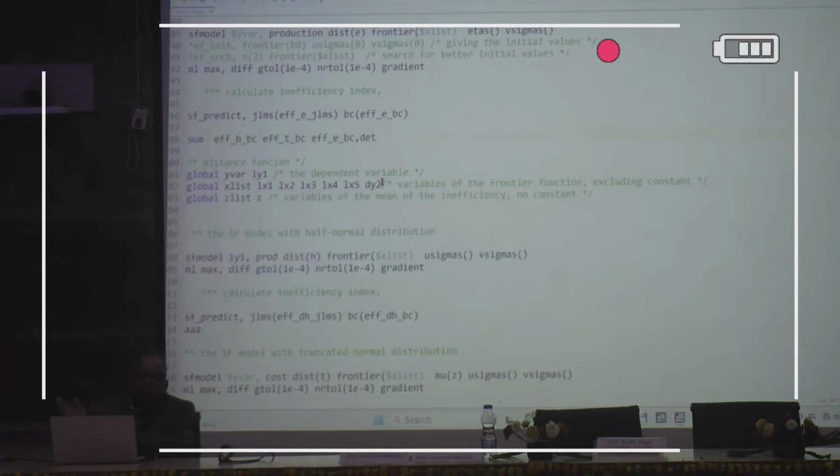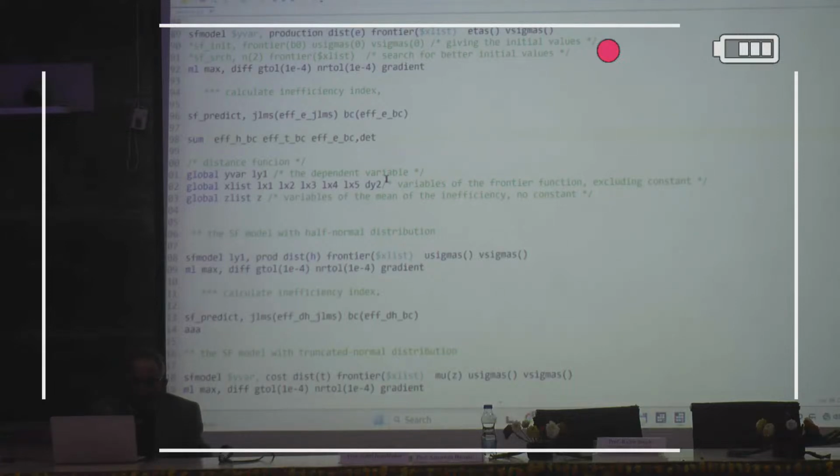So if you have more than one output, the right hand side should include the output variables normalized by the first output. That has to be defined, and it has to be included in your X list. So in addition to the X variables, you are adding this dy2. You can do dy3 if you have three outputs.